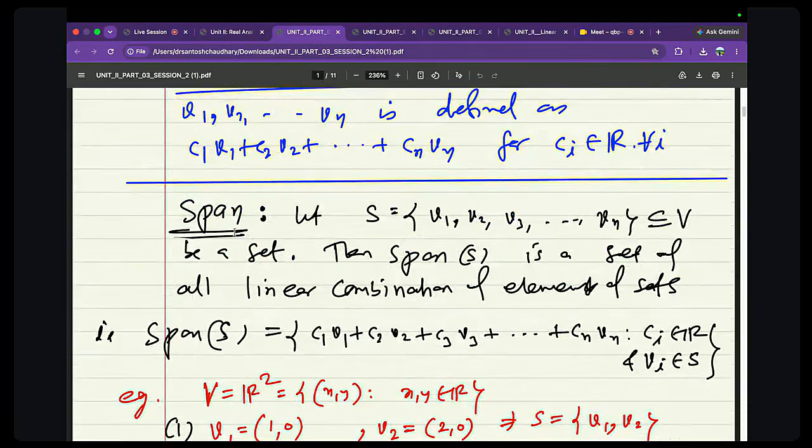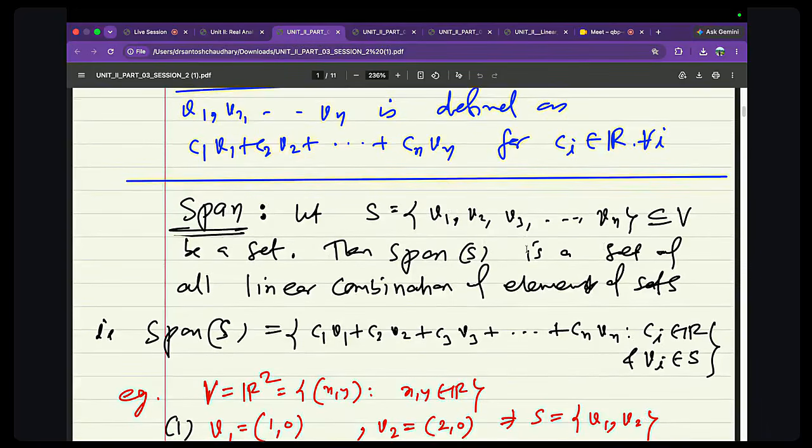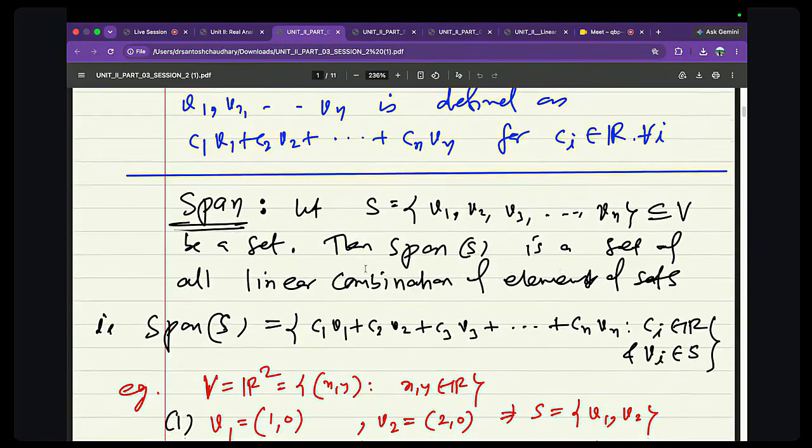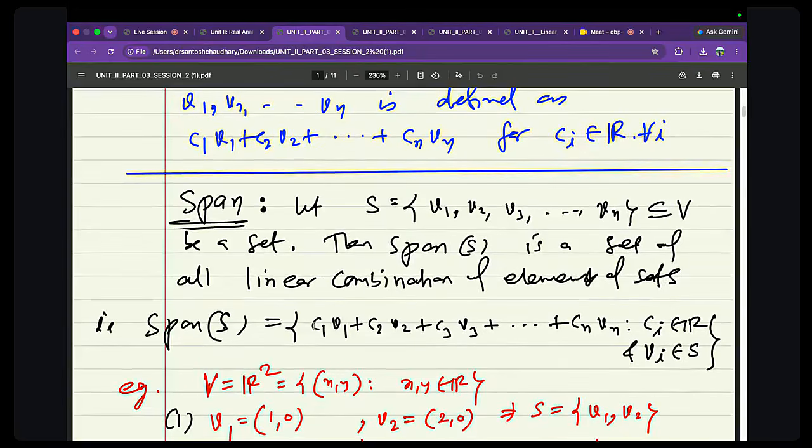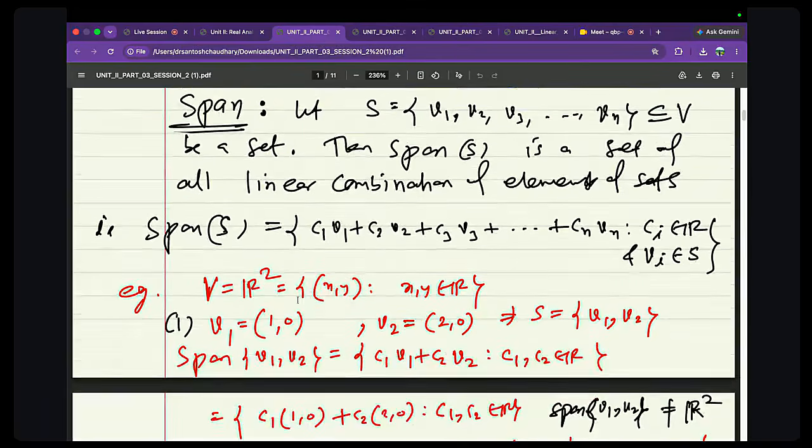Okay, span. Suppose S is a set of vectors v1, v2, ..., vn. The span of S is the set of all linear combinations, that is, the set of c1 v1 + c2 v2 + ... + cn vn, where the ci are real numbers and the vi belong to the set S. This is one example.